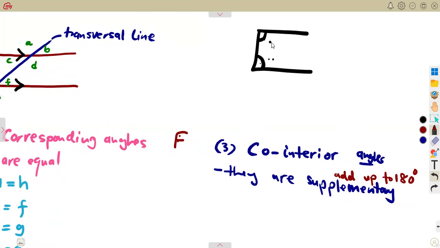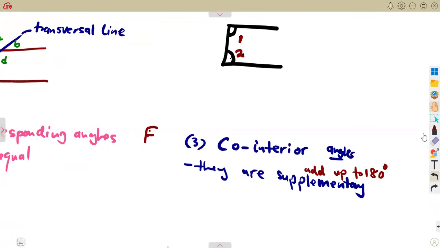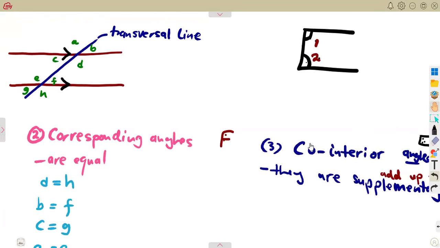Meaning, if you add this angle and this angle, you must obtain 180 degrees. Like I said, they form a C of that nature. So you're going to have this, or it's going to be looking this way, this angle and the other angle that is inside. If you add them, they must be equal to 180 degrees.